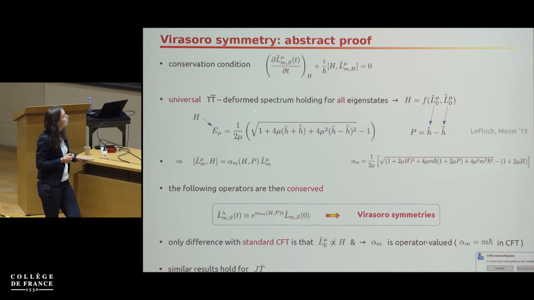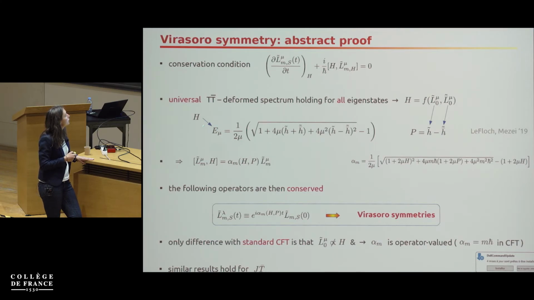Remember, when I introduced these theories, I told you that in TT bar deformed CFT, I have a closed form formula given by this for the deformed energies in terms of the undeformed energy and momentum. This is the undeformed energy written in terms of conformal dimension, just to make things more confusing, and this is the momentum squared. So I have this closed form formula which holds for all the energy eigenstates and actually for any theory, so for any initial spectrum.